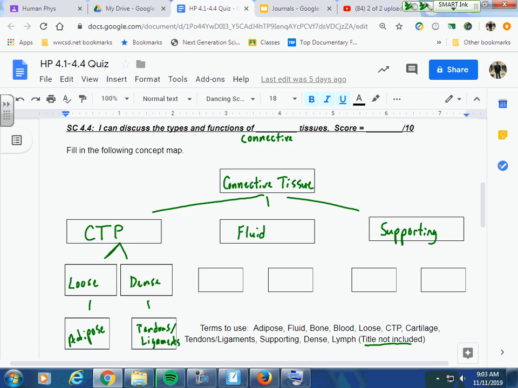Okay. Fluid connective tissue. So these are going to be our things that flow, like blood, like lymph fluid. And supporting is going to be strong, like bone and cartilage. You just kind of have to memorize them. Everybody good with that?